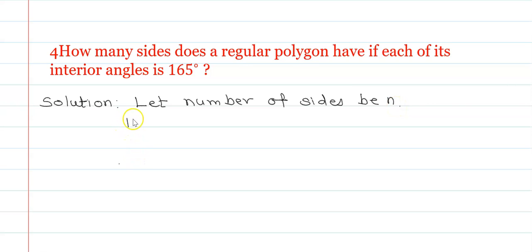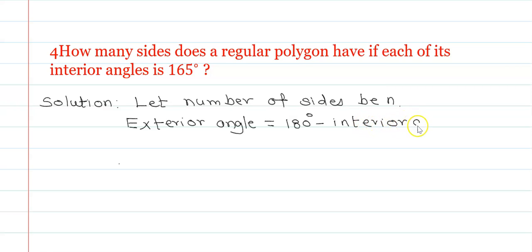Therefore the exterior angle is equal to 180 minus interior angle, so 180 minus 165, and here you will get 15 degree.